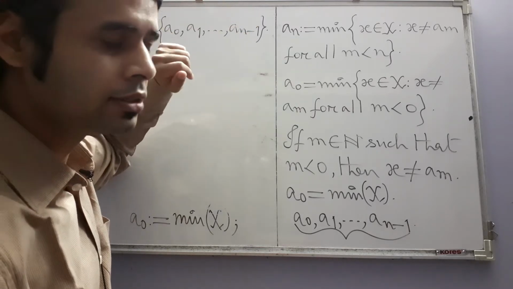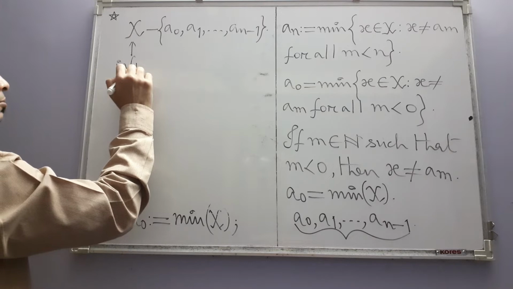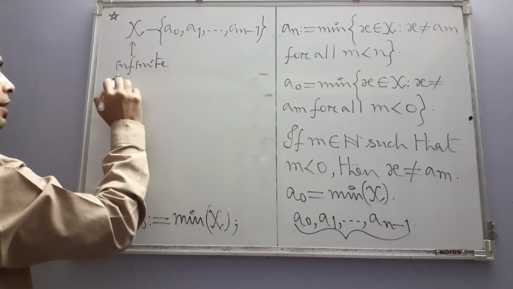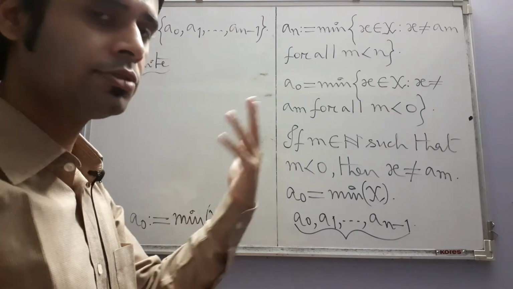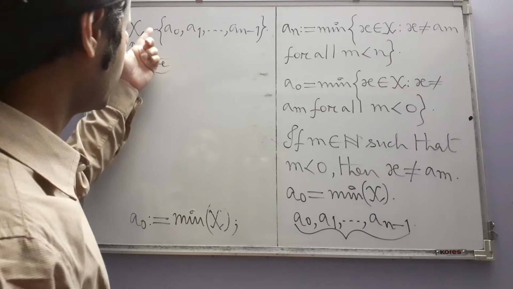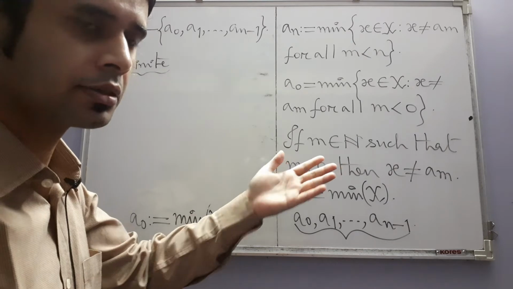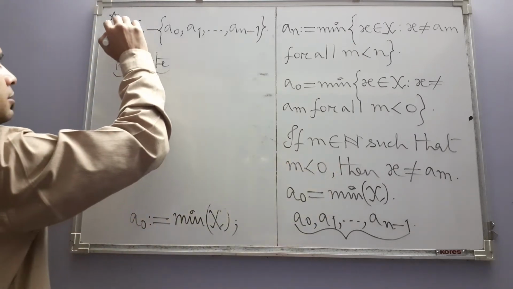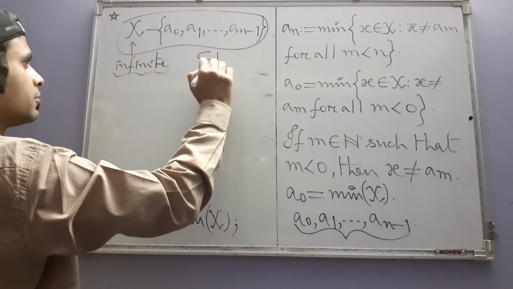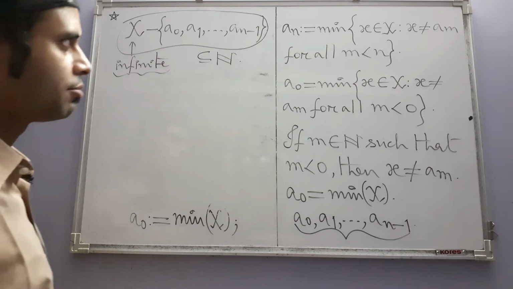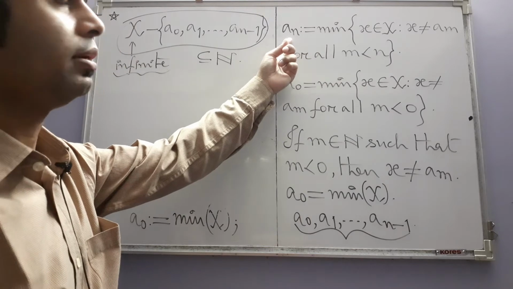If so, is it unique? You see, X is given to be an infinite set, and from an infinite set, it does not matter how finitely many elements you remove, you are still going to be left with something. In fact, you are going to be left with still an infinite set. So that's why this is also a non-empty subset of what? Of the set of natural numbers. So by the well ordering principle, it also has a minimum, and that minimum is defined to be an.